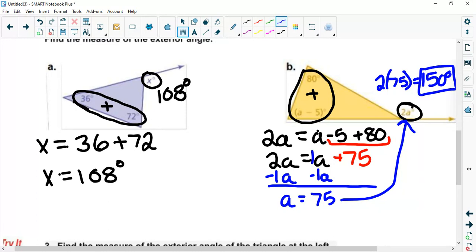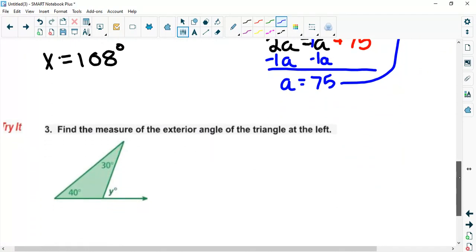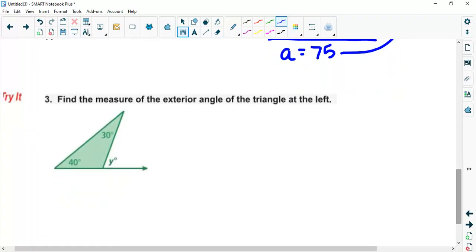Using these two examples, we're going to go down and look at a try it question. You'll pause the video and see if you can find the exterior angle in this picture.